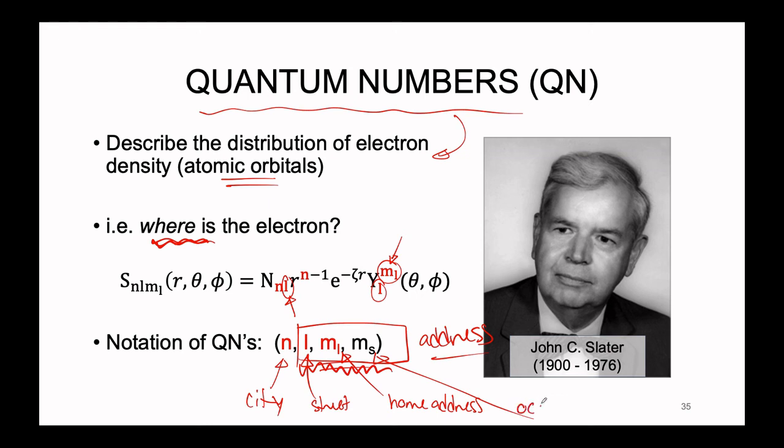This is going to be a label for the occupant themselves. Are you giving it to Mr. Smith or are you giving it to Mrs. Smith? This is what m sub S is going to represent. All right, so let's start with the city. We're starting with the big picture. Then we're going to talk about the street addresses, how we narrow down the location of the electron, the home address, which we use to narrow it down even more, and then finally, which occupant are we even talking about inside of this orbital?